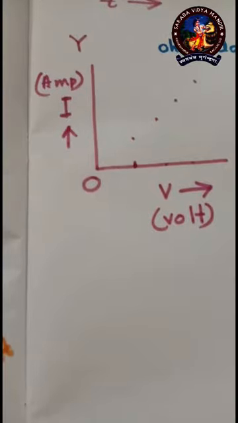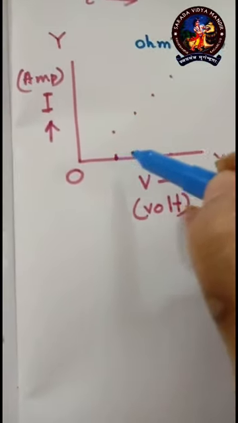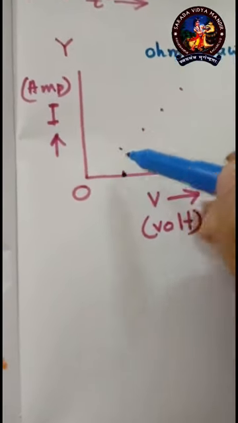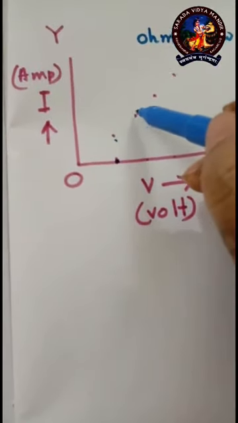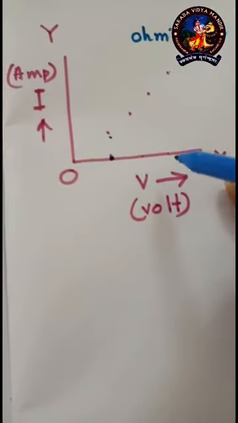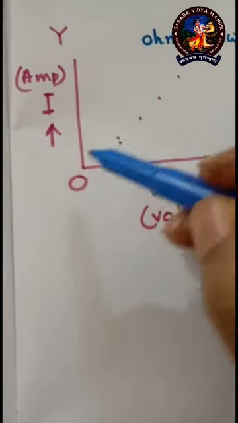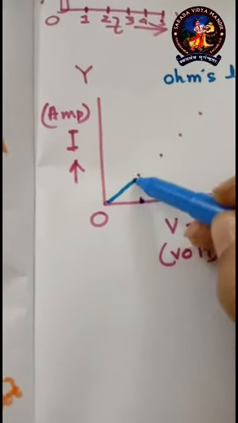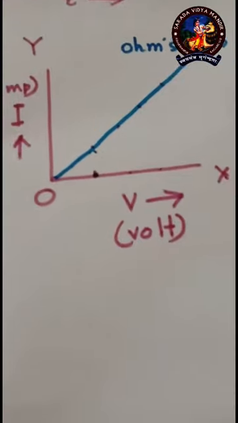And if we plot voltage and current, suppose this is along x-axis, so for this voltage, suppose this is the current, for this voltage, suppose this is the current, for this voltage, this is the current. So if we are having the points, we can see that if we are joining those very points, we can have just a straight line.